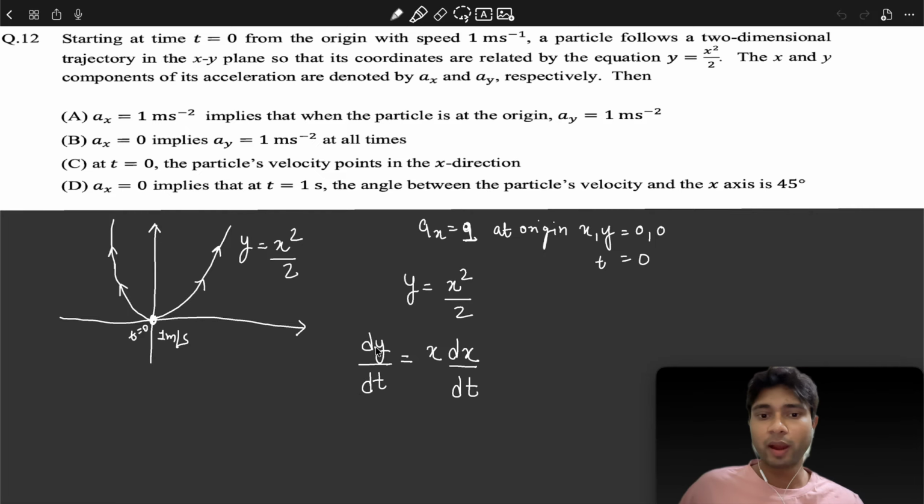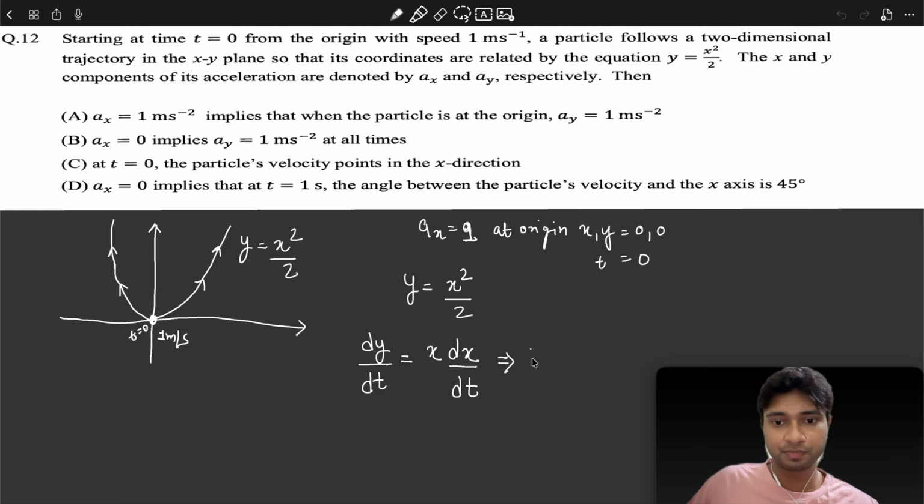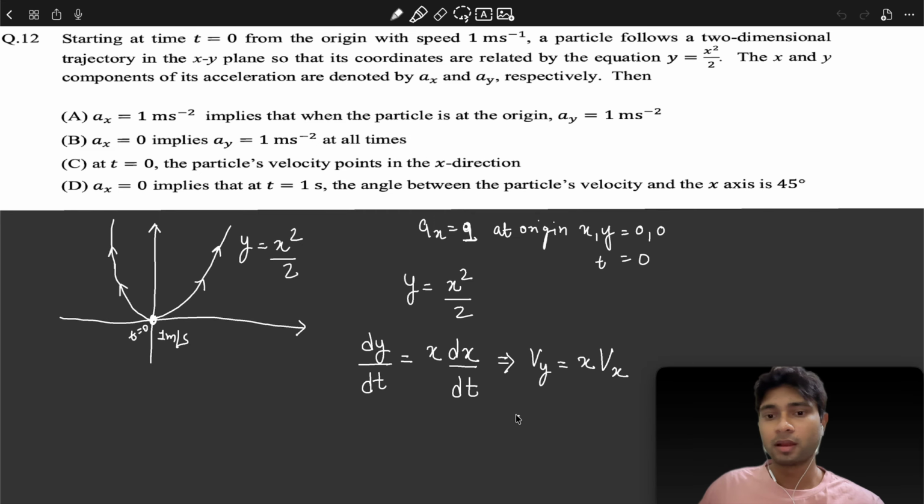Rate of change of y coordinate with respect to time. It means this is nothing but vy, and dx by dt indicates rate of change of position in the x axis. So this is vx, so we can rewrite it as vy is equal to x vx.